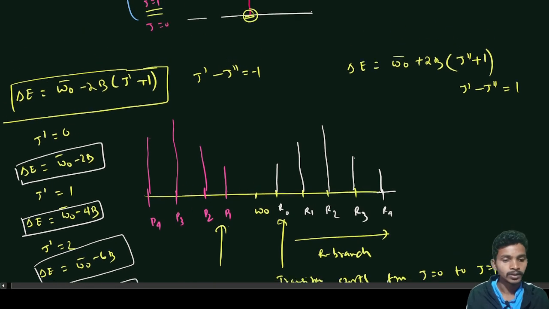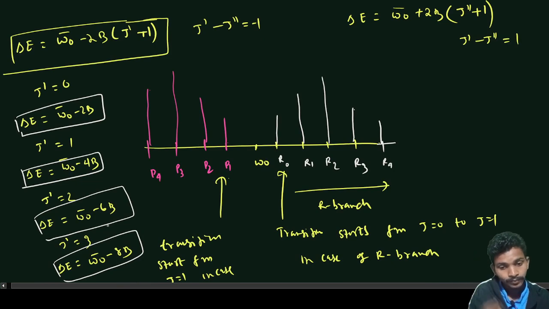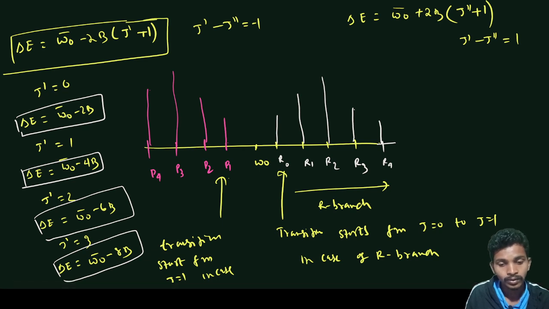So whenever you put J dash values 0, 1, 2, 3, we are getting subtracted values. This is the low frequency side, and here we are getting the high frequency. From omega naught, we are subtracting the values.